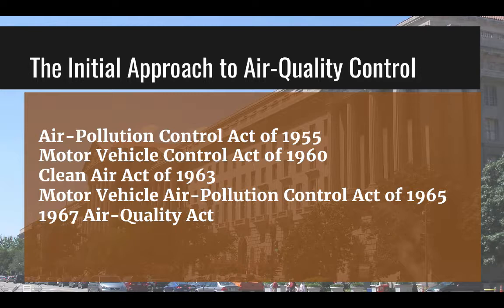The Air Pollution Control Act of 1955 primarily functioned to support federal research of air pollution control. The Motor Vehicle Act of 1960 was a recognition that automobiles contribute to air quality problems, and it authorized research into the pollution effects of motor vehicles.